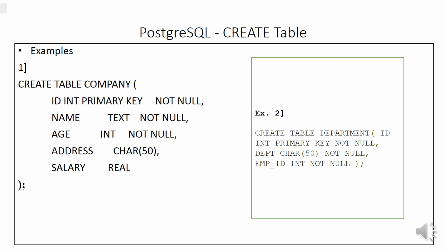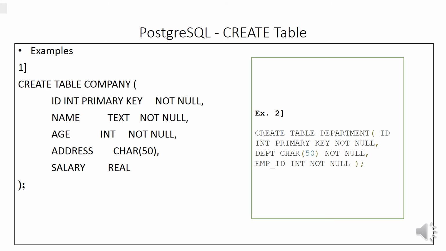It is a unique key. It does not consist of any null value. So this is the first field. Second field, the name, its data type is text, and that is also not null. The third field is age, meaning ID, name, age, address, and salary. These are the field names of the company table. The data types are int, text, int, character 50, and real. And the last ones are not null and null. These are the constraints.